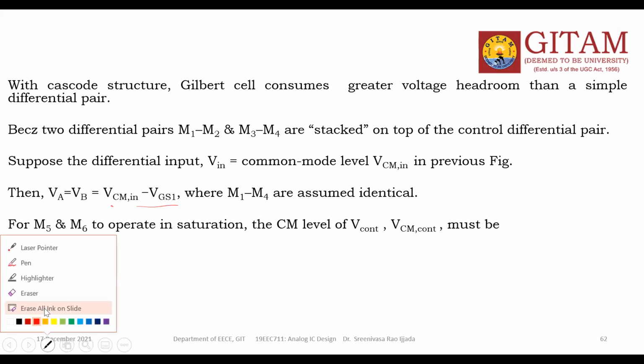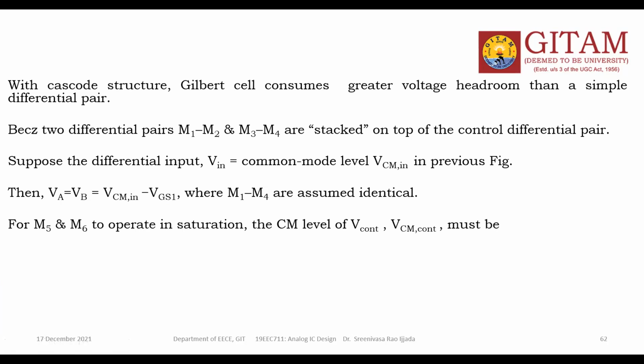Next, M1 to M4 are assumed identical. For M5 and M6, the bottom control differential pair, to operate in saturation, the common mode level of V control must satisfy a condition. I am asking myself: M5 and M6 should operate in saturation.